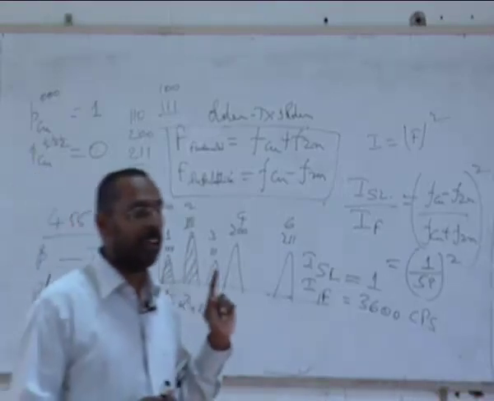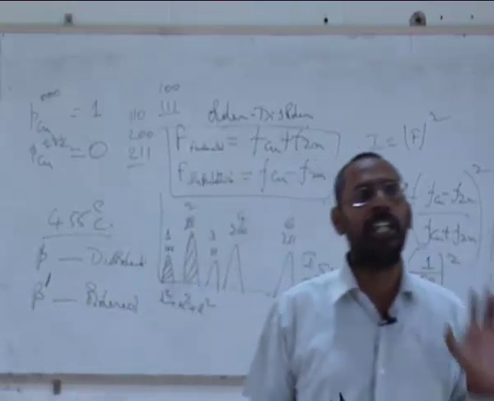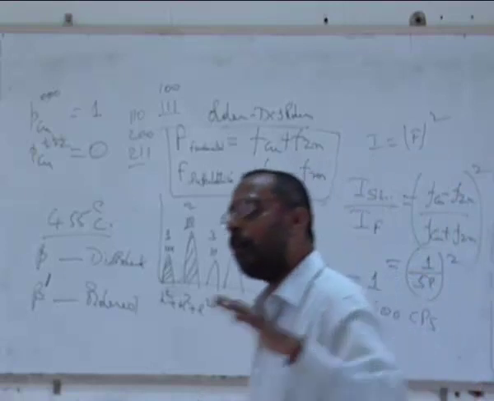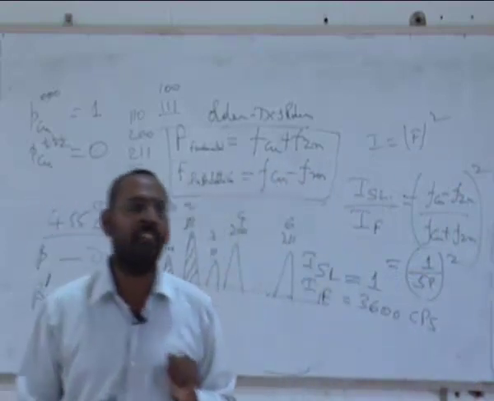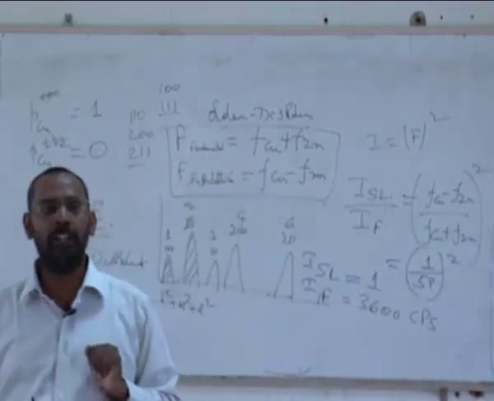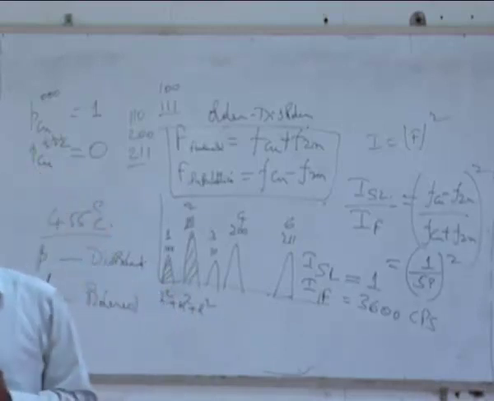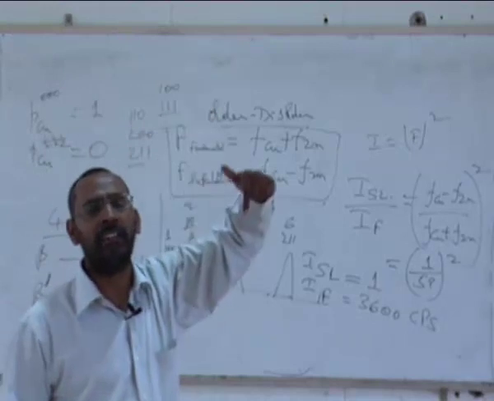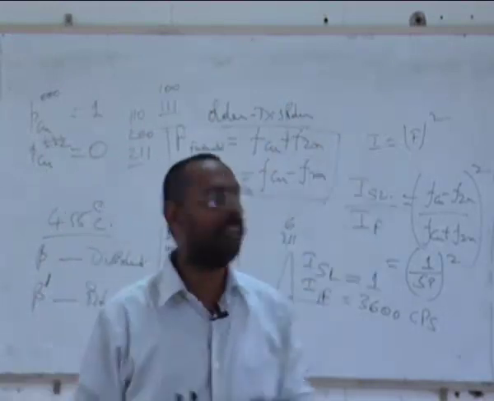In X-ray, we use approximately 20 kV. So X-ray machines operate at low voltages, whereas electron microscopes work with high intensity. Because the incident beam has a very high intensity, the diffracted beam also will have a very high intensity.